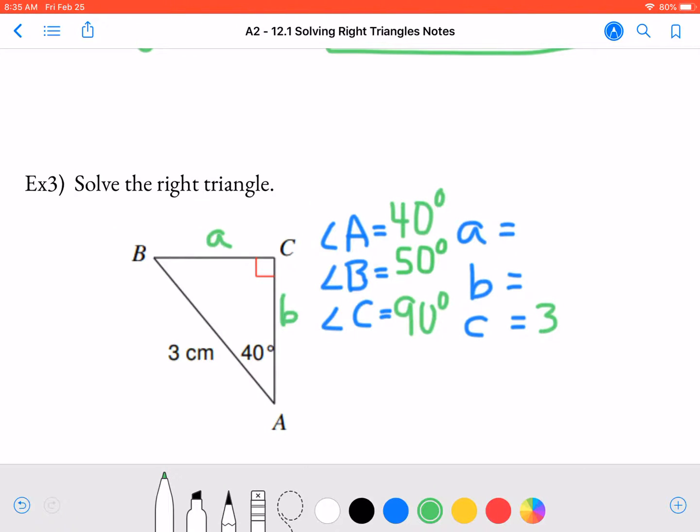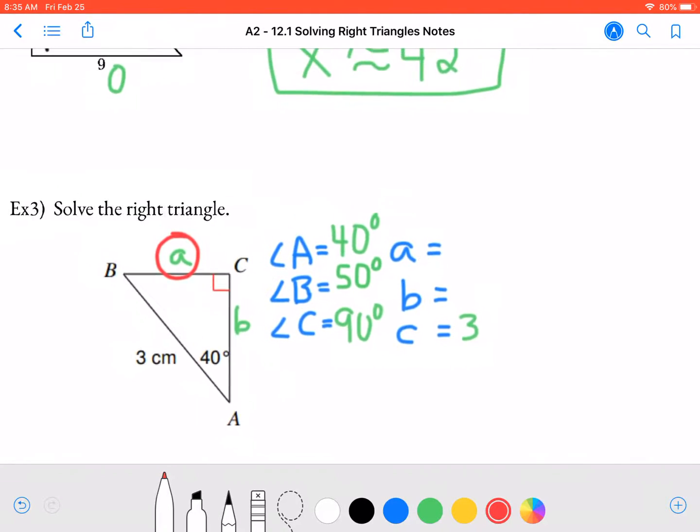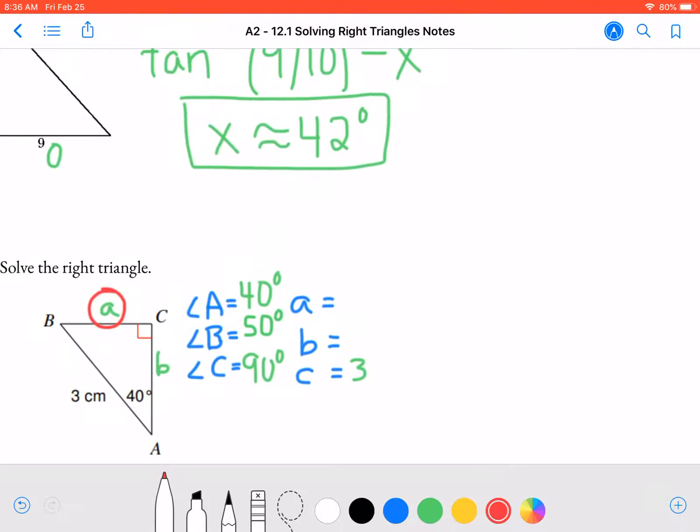Now I need to actually set up some trig to find one of these other sides. If I'm going to find side A here, I would have the opposite and the hypotenuse on that triangle. So I'm going to say sine of 40 equals A over 3.